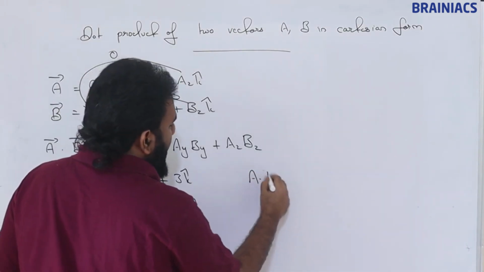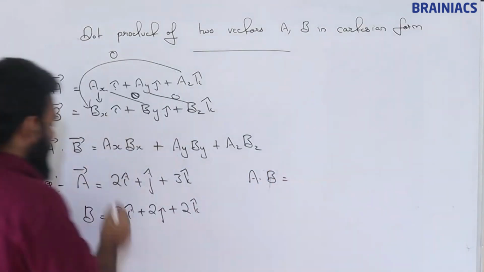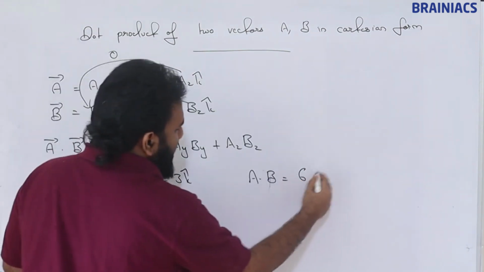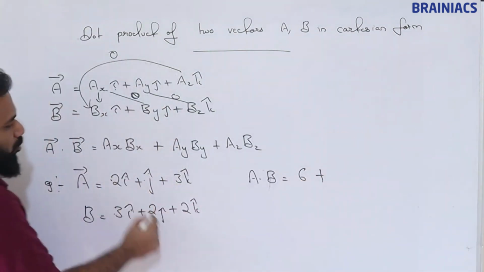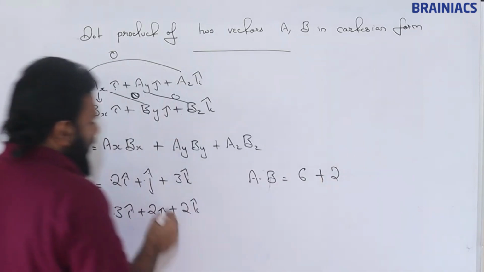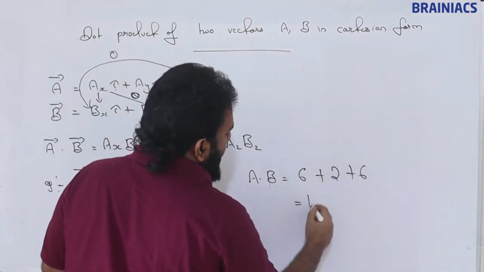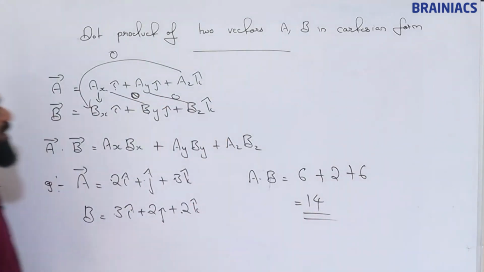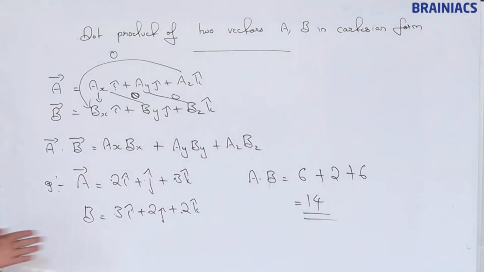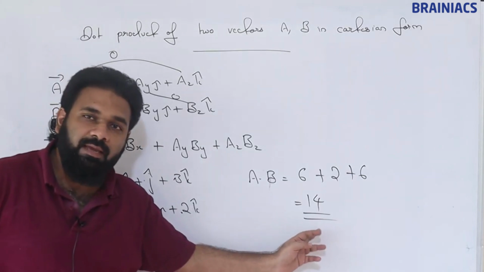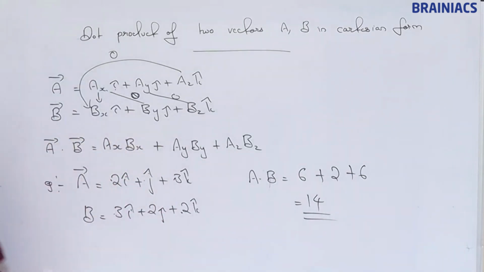So a dot b is equal to what? 2 into 3, 6, plus 1 into 2 is equal to 2. 3 into 2 again 6. So this is going to be how much? 14. So this is the result of a dot b. A dot b is a dot product. The result is just a value, that is scalar result only we are getting here.